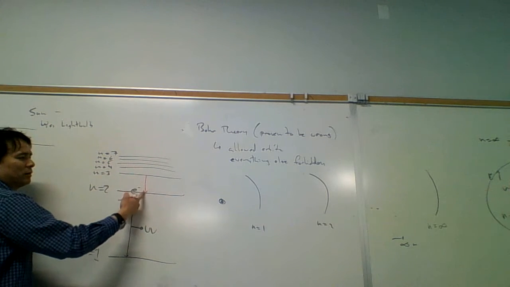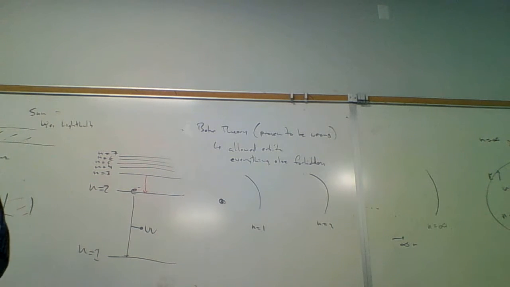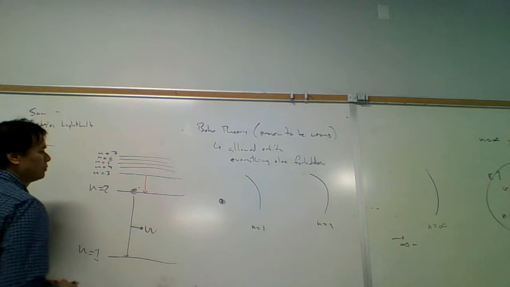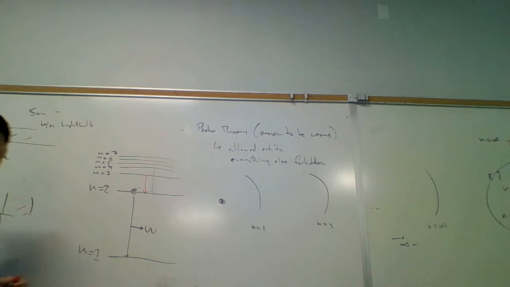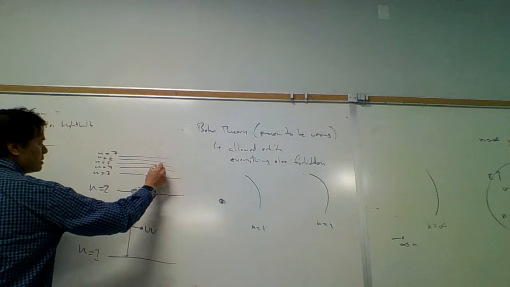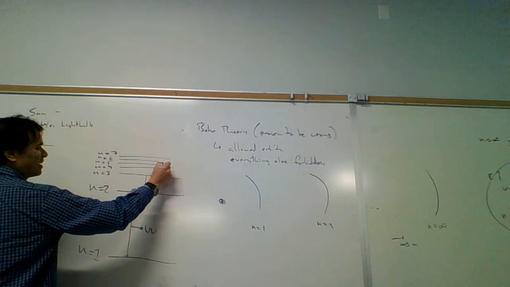If it drops to the second floor, it emits a red photon of light. Red. If we go from the fourth floor to the second floor, then we get green. If we go from the fifth to the second, we get blue. And then the sixth to the second, we get violet.